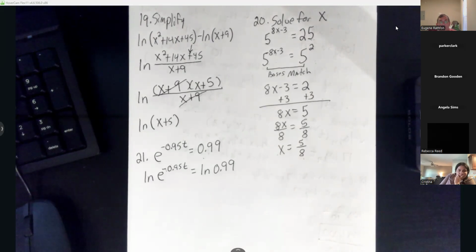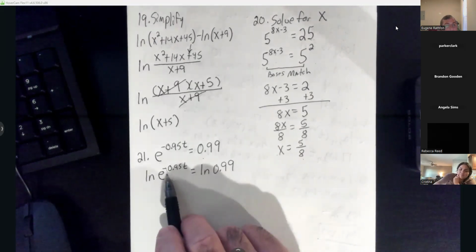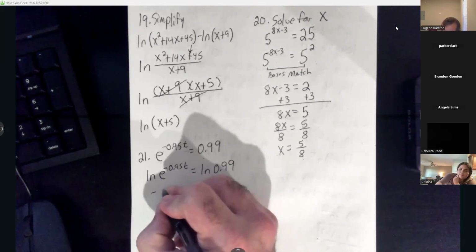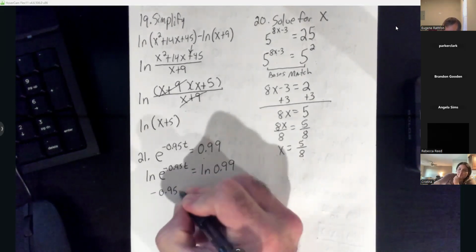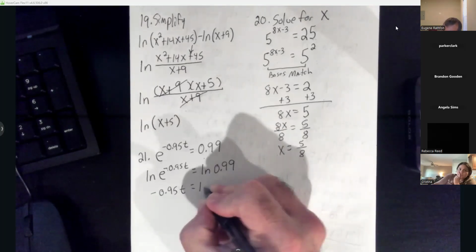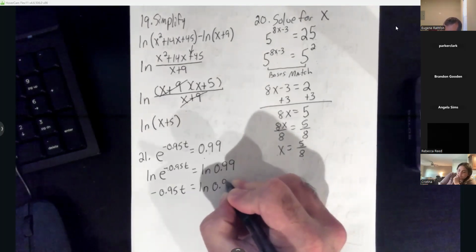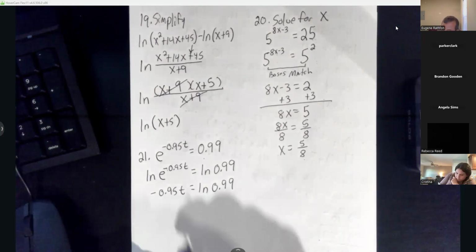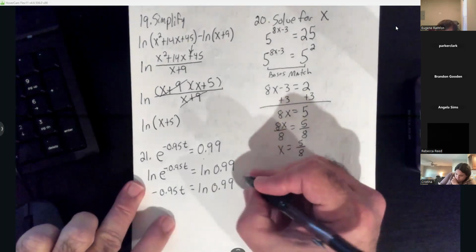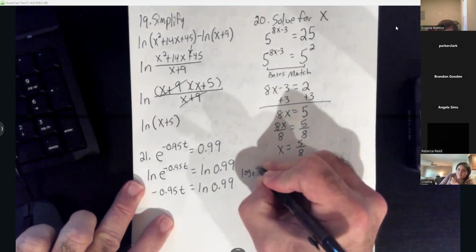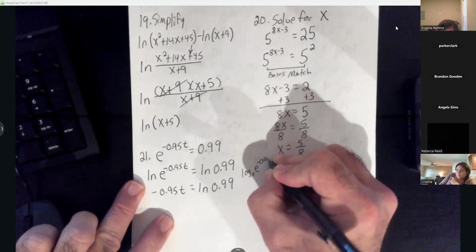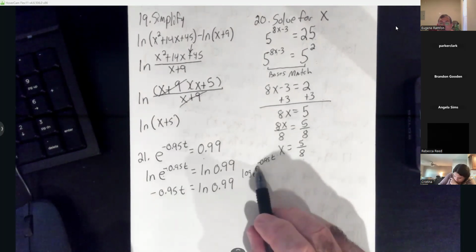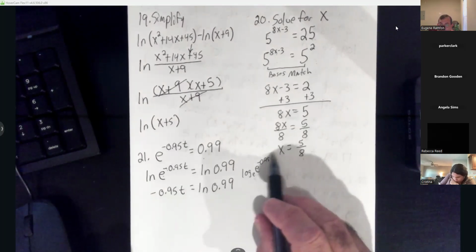So since they're equal, remember, this left side is only going to equal the negative 0.95t. That's going to equal the ln of 0.99. The reason this only equaled that, remember, is that ln of e works like this: you had a base that matched the base raised to an exponent, so it equals the exponent on that side, okay?